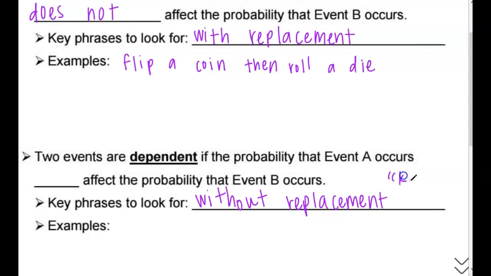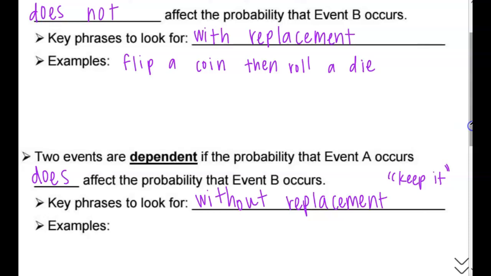So the key phrase is when it says you keep it. And for this, the probability that event A occurs does affect the probability that event B occurs. Okay. So when they ask you to pick a card and they tell you to put it back, but then there's some where it's like pick a card and keep it, that's the difference.